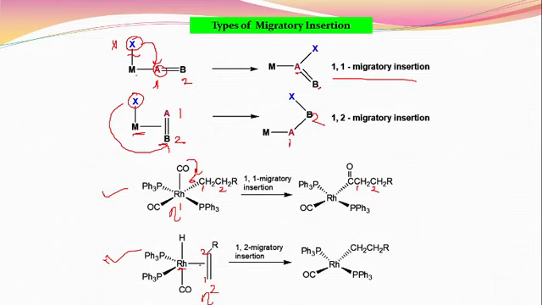Sorry, this is CH2 CH. Yes, 1,2. Whenever this hydrogen is bonded to the second position of the carbon, this is the CH2 and this is CH.